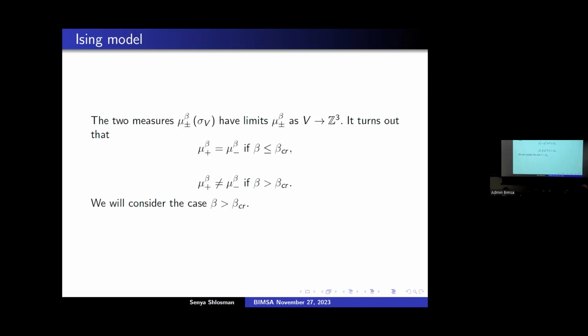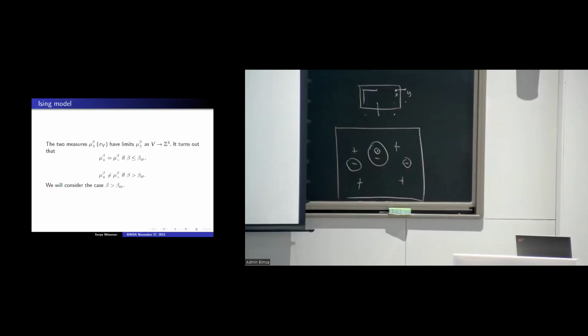The positively magnetized looks like a sea of pluses, and then there are islands of minuses there, maybe with more islands inside. That's how the plus phase looks. The typical configuration taken from the probability distribution looks like that. And the minus phase is just the opposite: a sea of minuses with islands of pluses there.